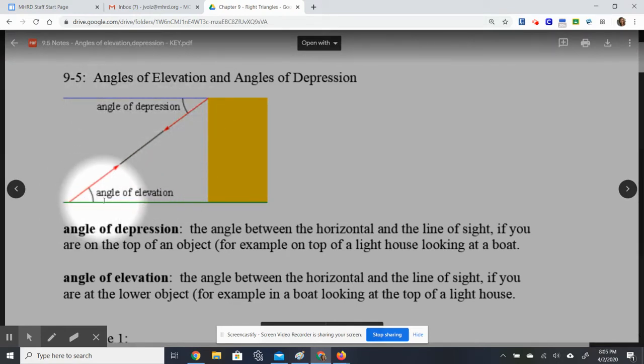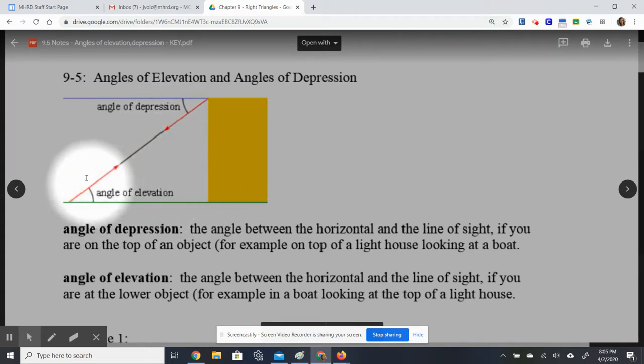Whereas an angle of elevation would be an angle that goes upward from a given reference point. So let's say you had a person standing here at the bottom of a cliff, looking upward. The angle that their line of sight to the top of the cliff forms with the horizontal ground, the green line, would be called an angle of elevation.